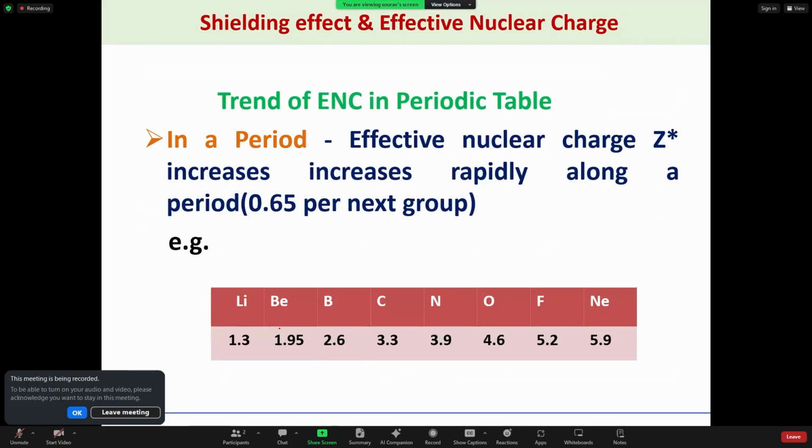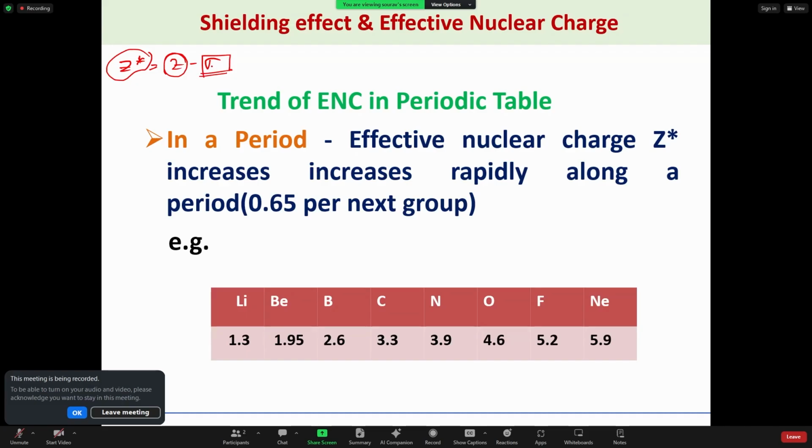Now we will know about the trend of effective nuclear charge in the periodic table. How is the trend? So you just think about that. Z star equal to Z minus sigma. We have to calculate the Z star, and you will have the value of the Z, but you only have to know the sigma, this shielding constant value.